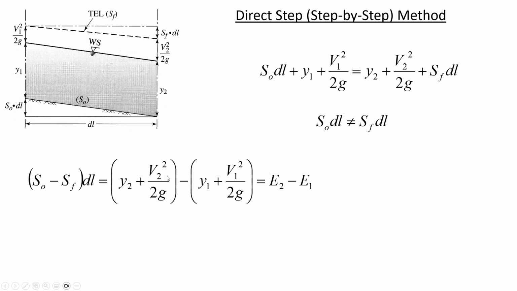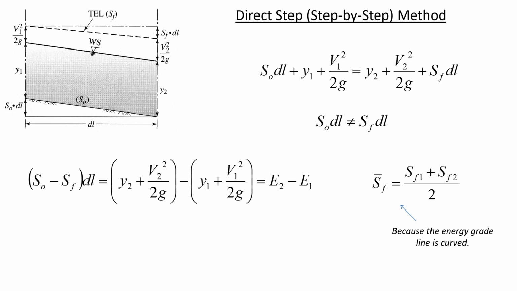So if we move the specific energy to one side of the equation and then the difference in slopes to the other side of the equation, what we'll end up doing is estimating at the midpoint between upstream and downstream what is the slope of the energy grade line in between.